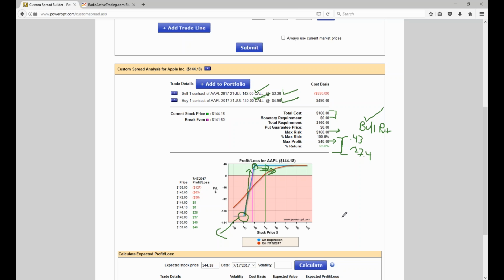What does that mean? That means if you get assigned early a week before expiration, you would now be short, going back to Pink Panther's comment, you would now be short shares of stock at 142 and you'd own a 140 call.